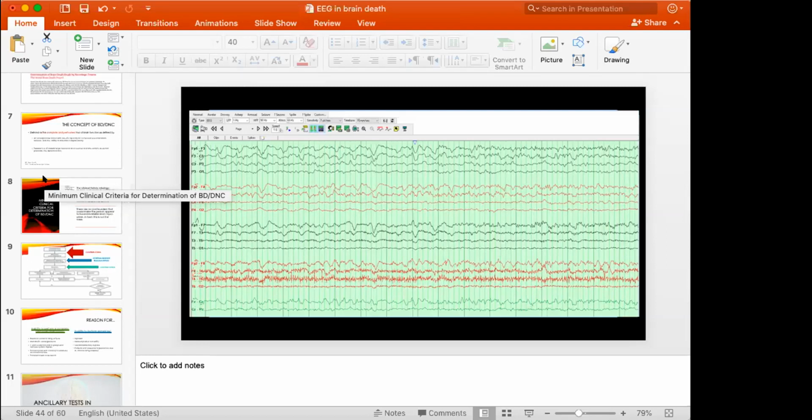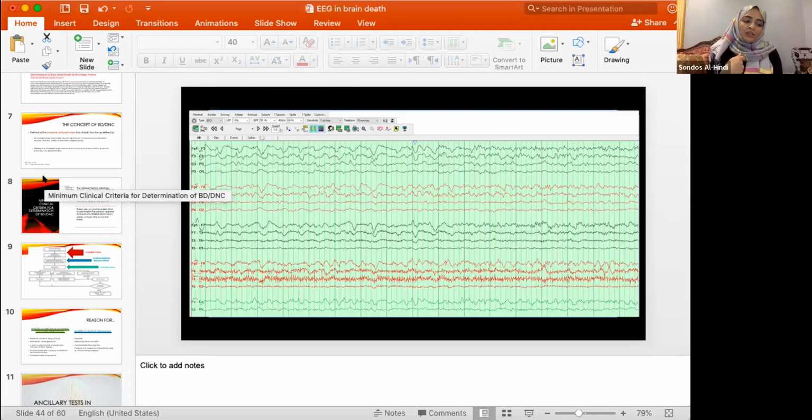Question from Dundi: do we need more than one expert to determine brain death officially? It all depends on where you are from and what your country or region requires. But according to the guidelines and the Brain Death Declaration Project, you don't need more than one expert.